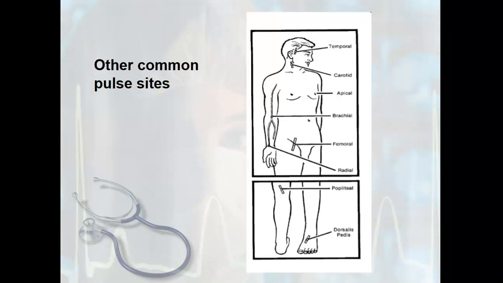But it's not used that often just for checking the pulse. The radial is the most common site. Popliteal is on the back of the leg, and then the dorsalis pedis or pedal pulses, those are in the feet. So after surgery on the leg, really the popliteal pulses and especially the pedal pulses need to be checked to make sure that that patient is still getting circulation.